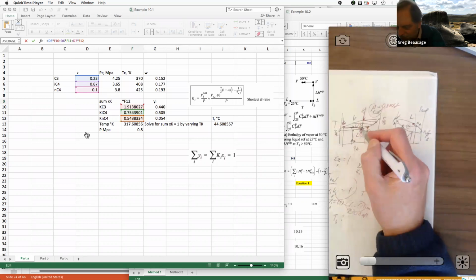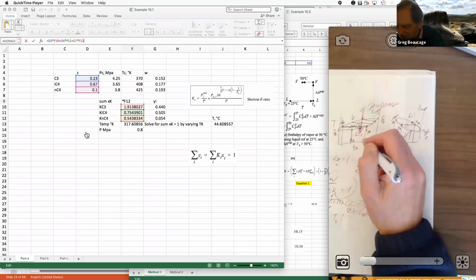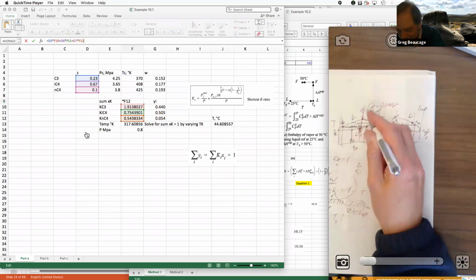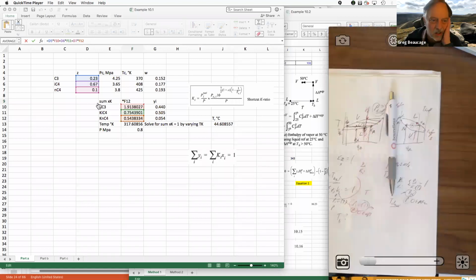It's confusing, but basically Z can be either Y or X depending on what problem you're looking at. In this case, because you're trying to boil to get the bubble point, you need to make Z the input, which is actually a vapor, into the liquid. Because you're going to make pure liquid out of what comes in. You can only do that at the bubble point, right? So that's why you're using Z here to do this sum.